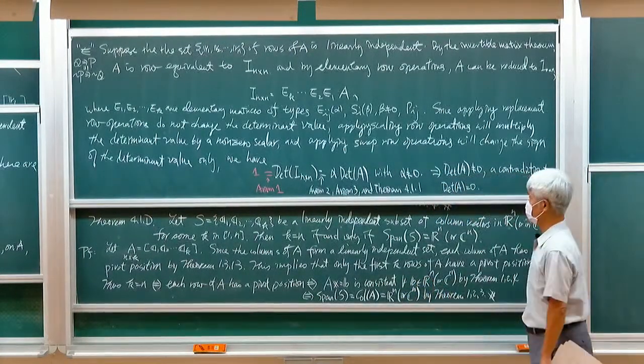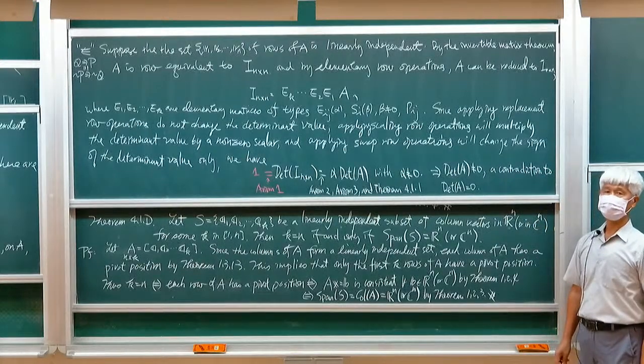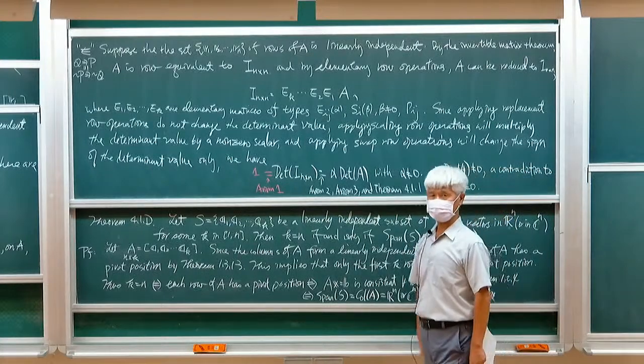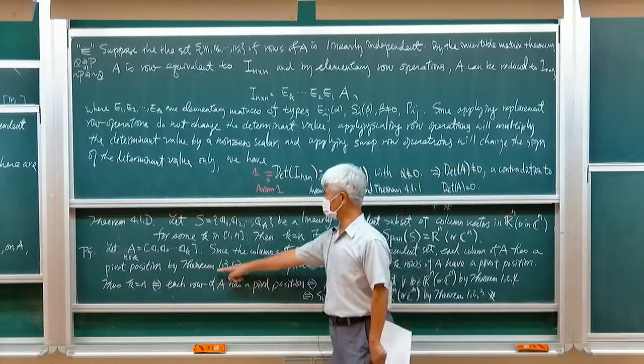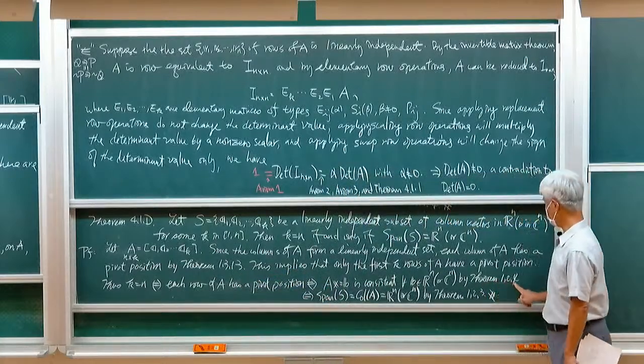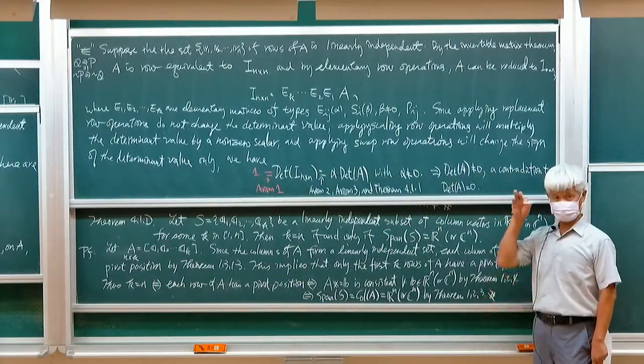So all the needed information is in chapter 1, right? We need theorem 1.3.13, we need 1.2.4, 1.2.3, all in chapter 1.